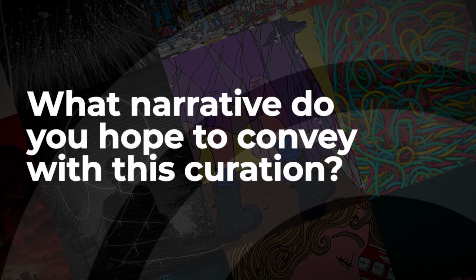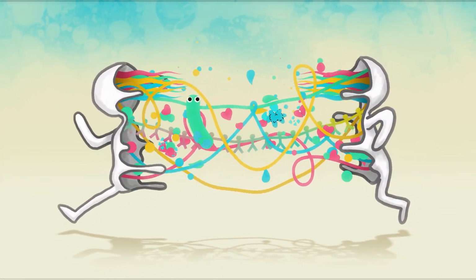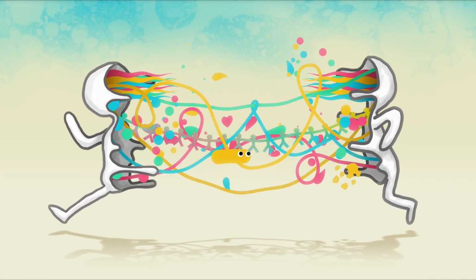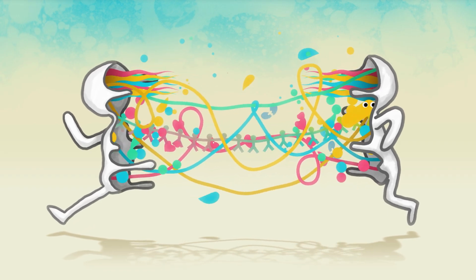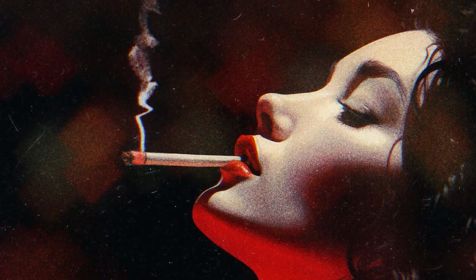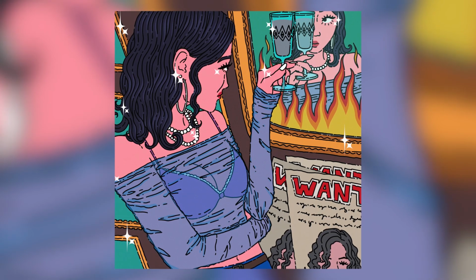What narrative do you hope to convey with this curation? I hope that this combination of work conveys a bigger idea about how digital art can be used in storytelling, and how it's using motion and digital artifacts mixed with some traditional ideas like illustration and photography and film.